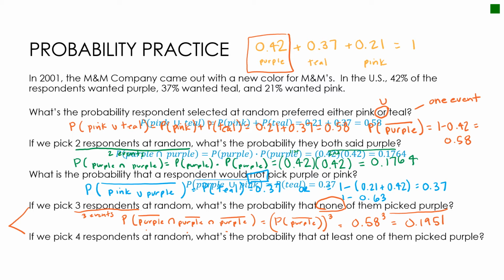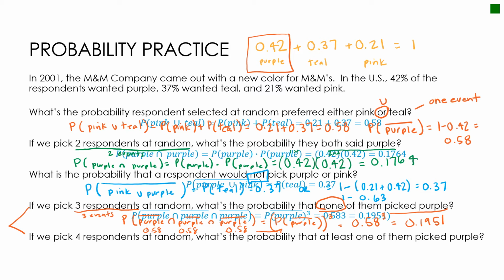So again, I could have written out 0.58 for not purple, 0.58 for not purple, 0.58 for not purple, and multiplied it, but that's the exact same thing as taking 0.58 to the 3rd power.